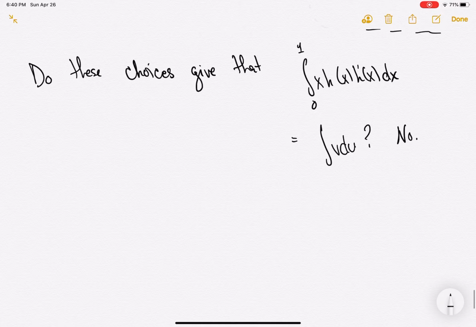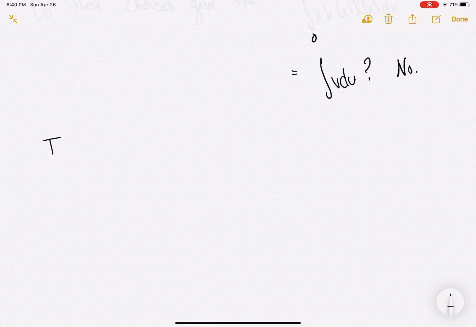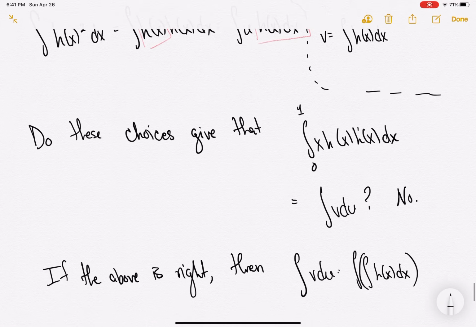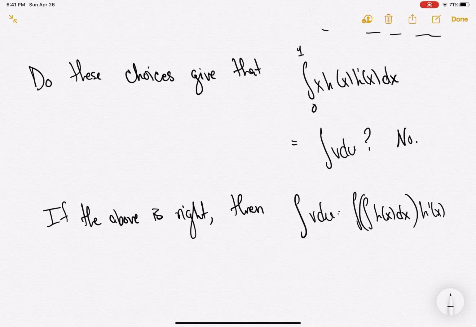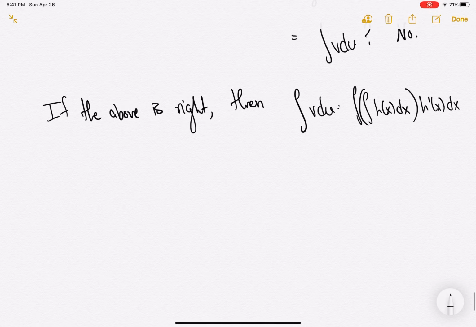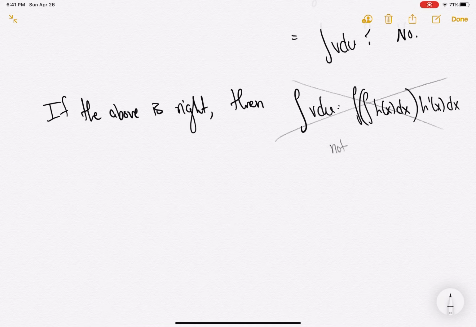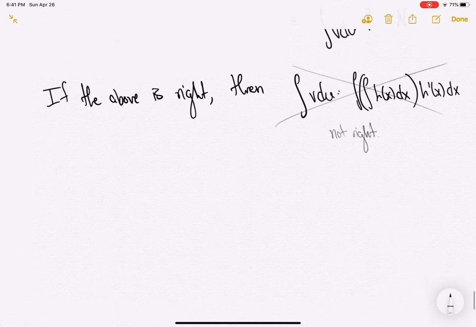You'll notice that integral v du, if the above is right, then integral v du would actually be the integral of h of x dx. Du, I guess, was h prime of x dx. This is not right. Very bad. Okay, so we need a different choice.